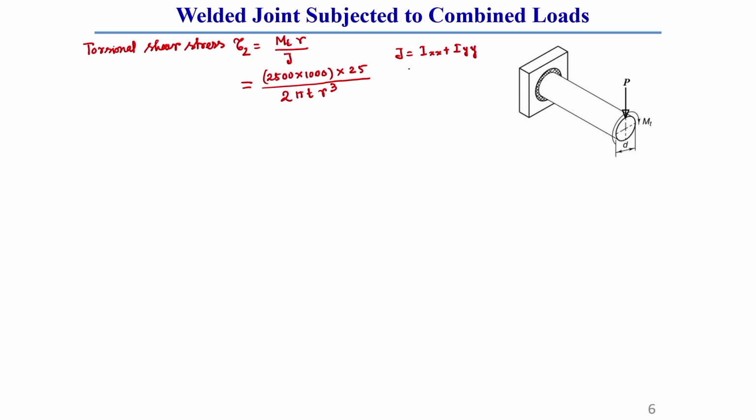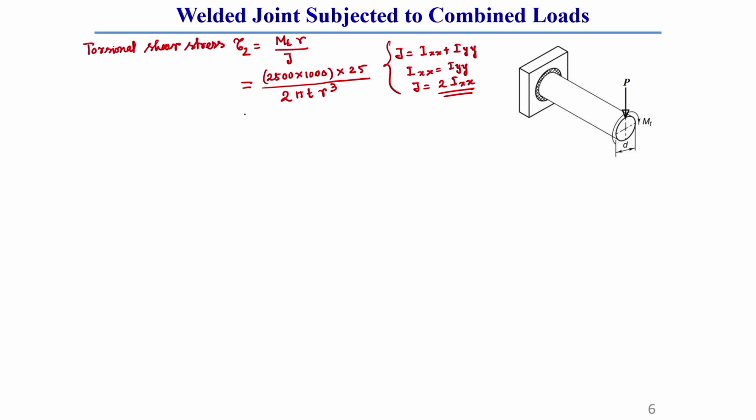In case of a circular section, due to symmetry, I_xx is equal to I_yy, so J is equal to 2 times I_xx. This is already very well known to you, I have explained it in the last lecture itself.